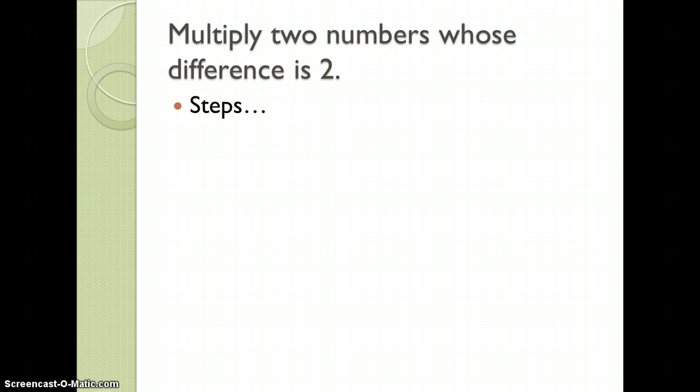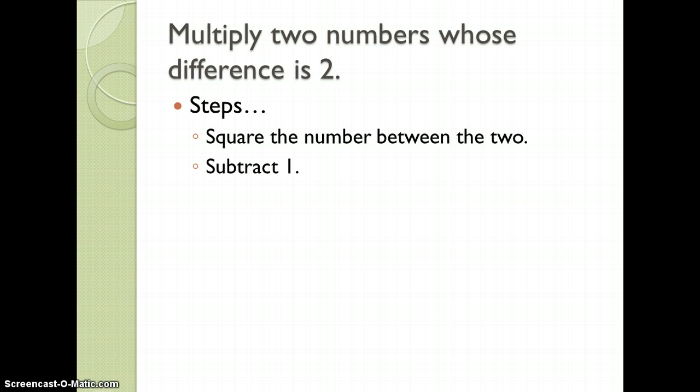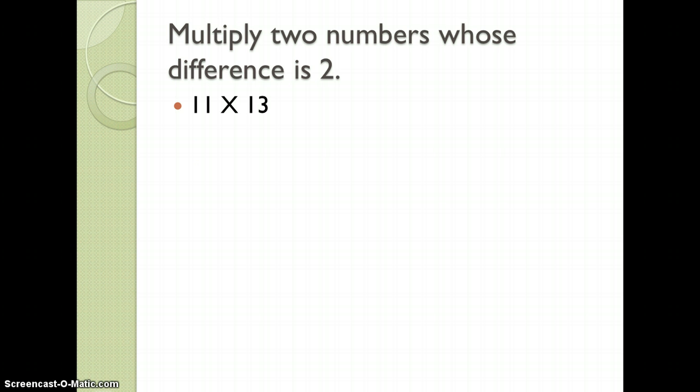Let's multiply two numbers whose difference is 2. Our first step is to square the number that's in between the two, and then subtract 1. Apply the test of reasonableness if needed. So let's take 11 times 13. We know that to get from 11 to 13 is 2, so we can apply this rule.